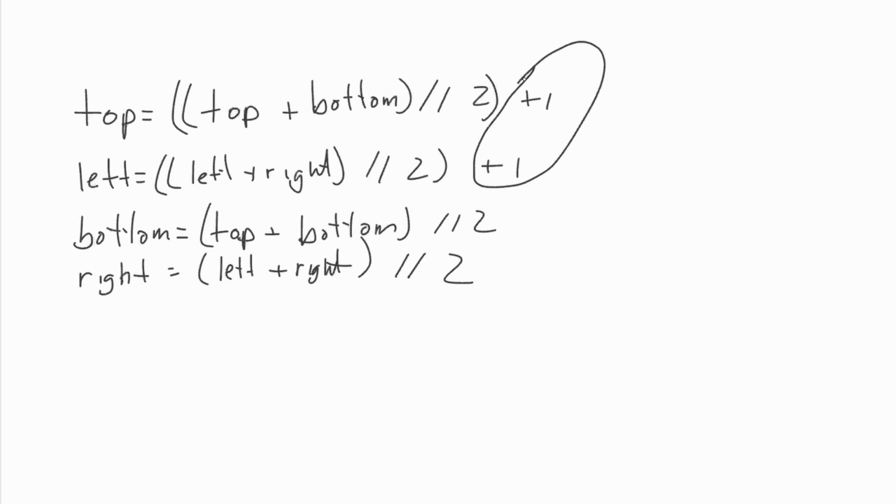So basically, to get the new values, we're just going to take the current boundaries, add them together, and divide them by 2. So you'll see here we do top plus bottom divided by 2. But if we want to get the top or left, we just add a 1 onto the end. So really there's just 2 formulas you have to know, and they're basically exactly the same besides adding this plus 1 for the top and the left.